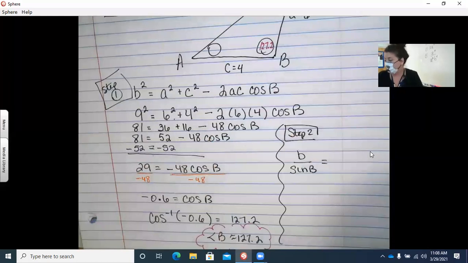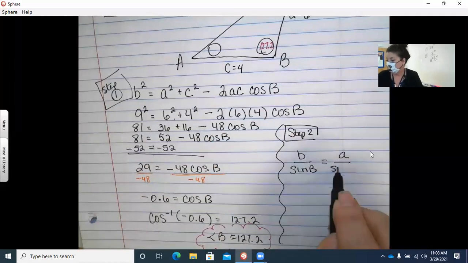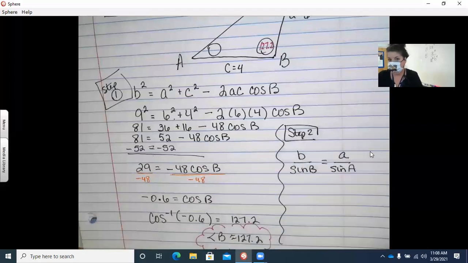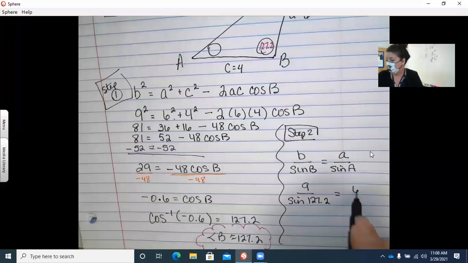I did A over sine of A. So that's going to be 9 over sine of 127.2 equals 6 over sine of A.